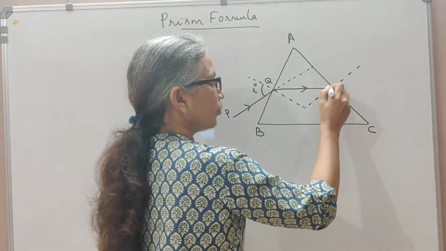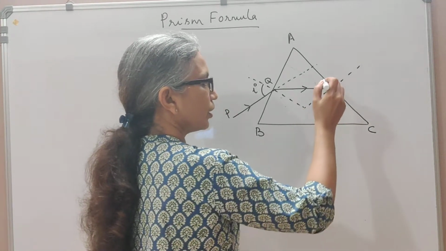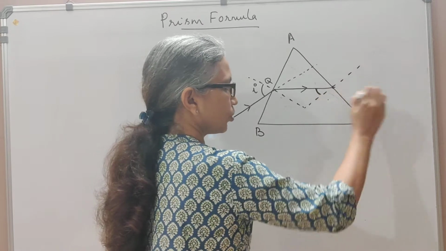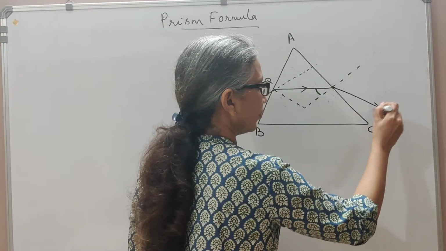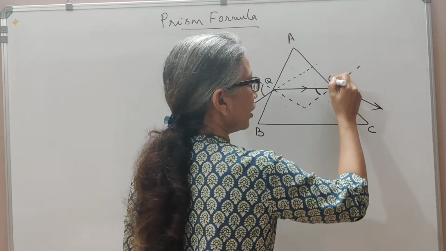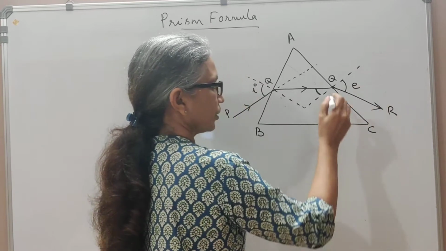And now this ray, which is incident here, makes an angle of incidence here. So it has to now pass from denser to rarer. So instead of continuing in its path, it will bend away from the normal, and this is called the emergent ray QR, making an angle of emergence.